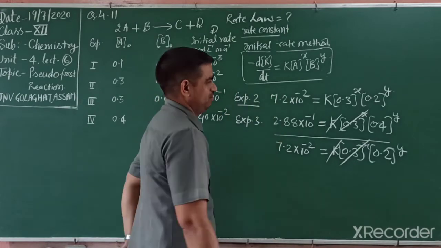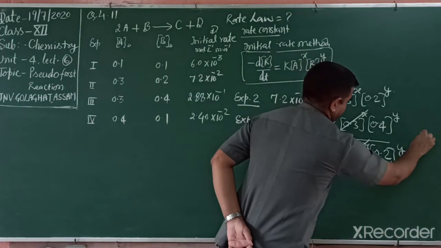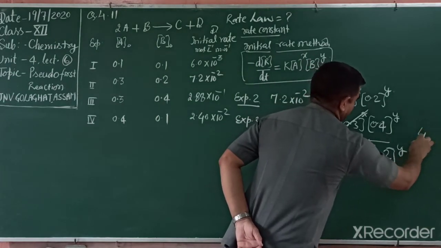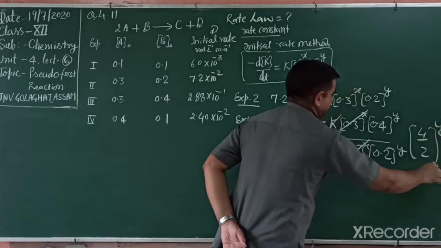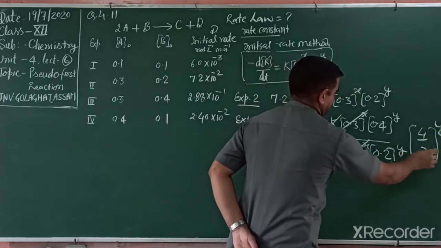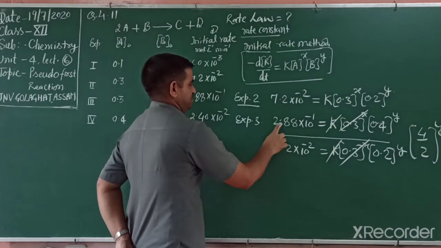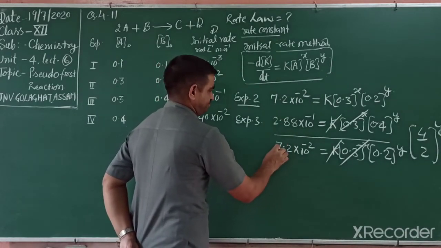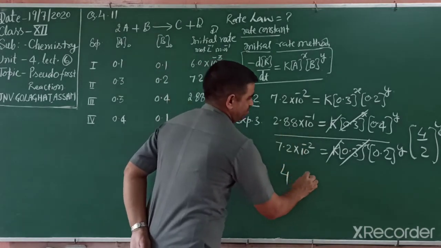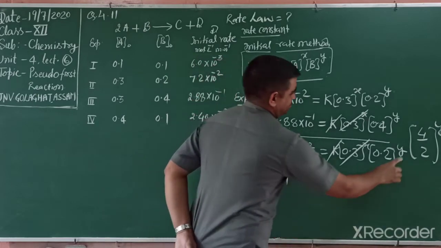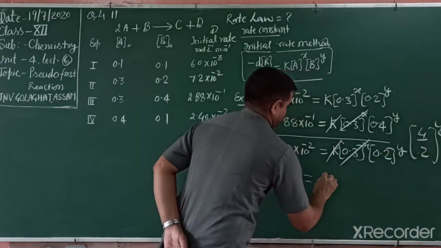Then we solve 0.4 by 0.2, we can write 4 by 2 power y. When you solve the rates, this value also comes to 4, equal to 2 power y.